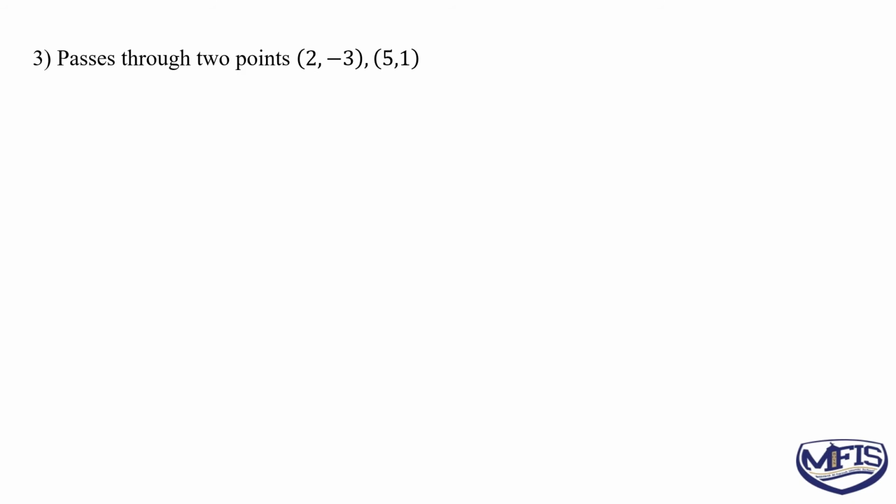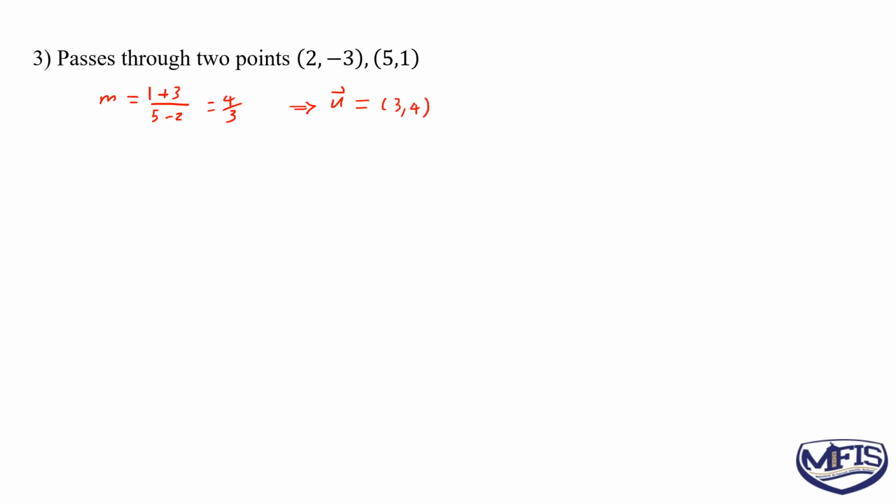Let the line pass through the 2 points (2, -3) and (5, 1). We can find the slope from the 2 points using the rule (y2 minus y1) over (x2 minus x1), which is (1 minus -3), that is 1 plus 3, over 5 minus 2. So it will be 4 over 3. So we can take the direction vector u to be (3, 4).